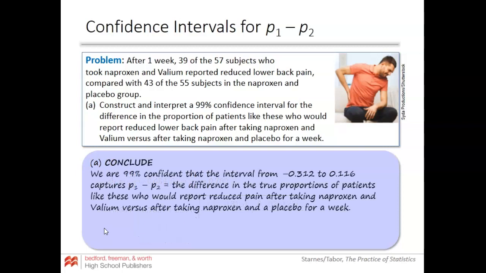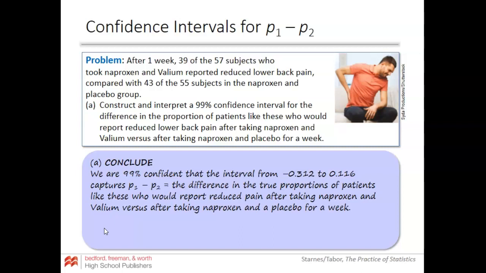Right? And so our conclusion then would be a 99% confidence interval from negative 31% to positive 11%. So meaning the first group could be as much as a 30% reduction up to a 10% increase in pain compared to the placebo.